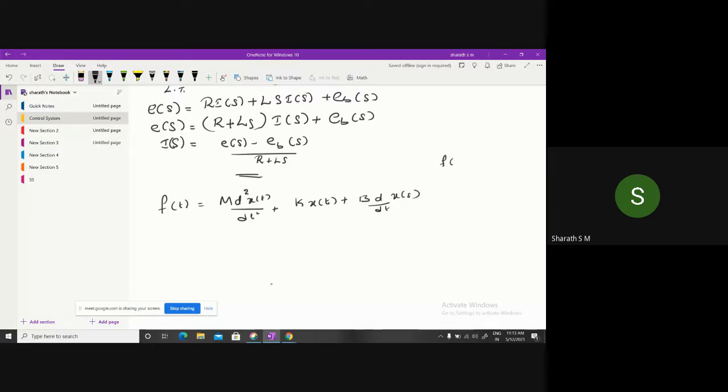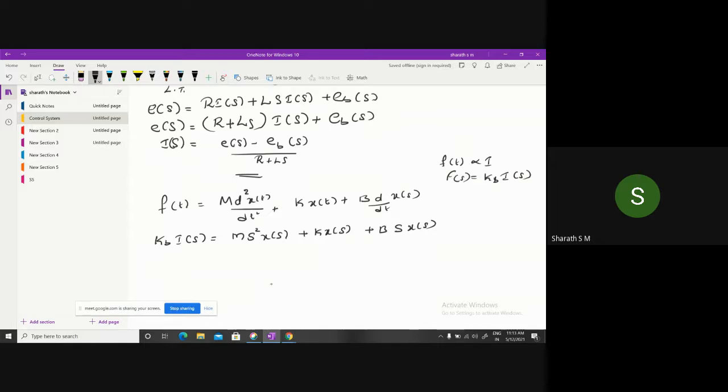As you know, force is directly proportional to current. To remove the proportionality, we have a proportionality constant, kb. So F of s is equal to kb into I of s. Apply the Laplace here: F of t becomes F of s, which we can write as kb into I of s, equal to m into s square into x of s plus k into x of s plus b into s into x of s.